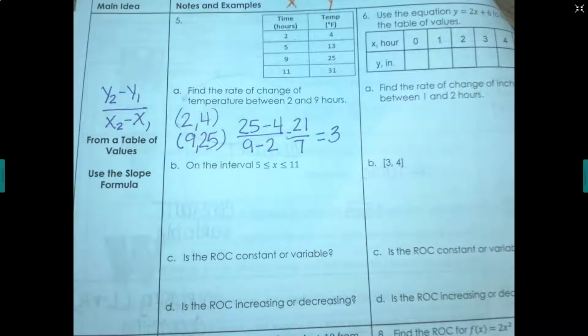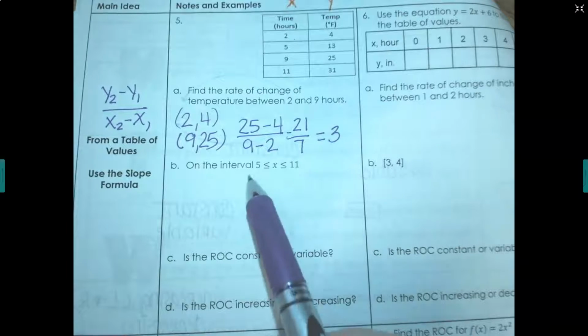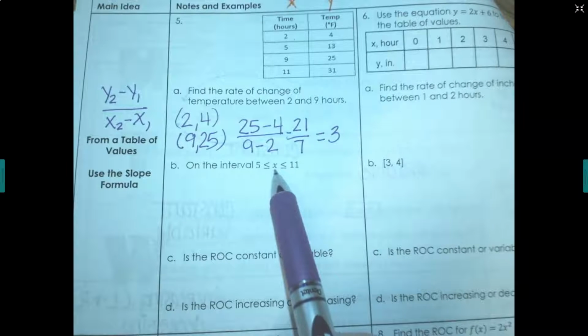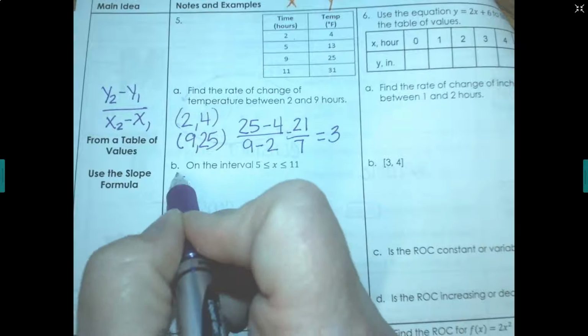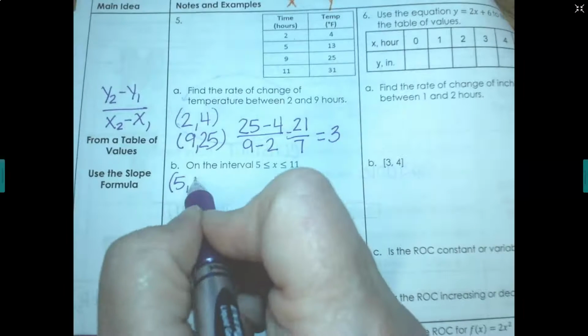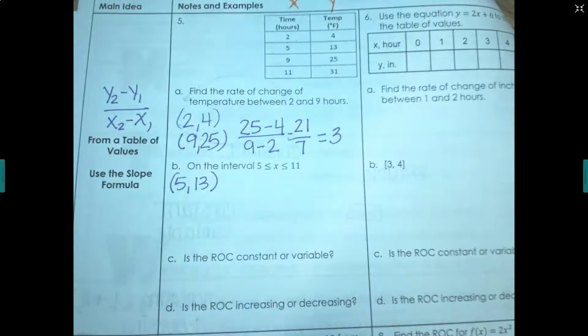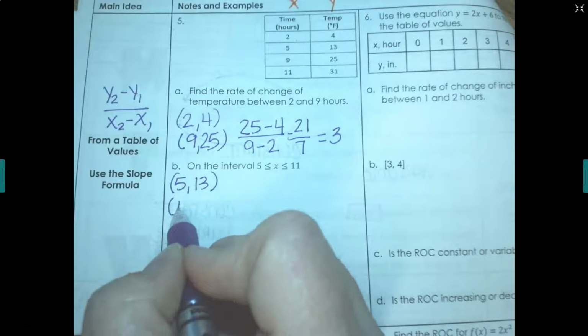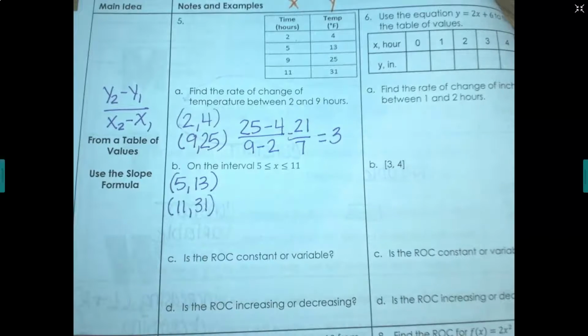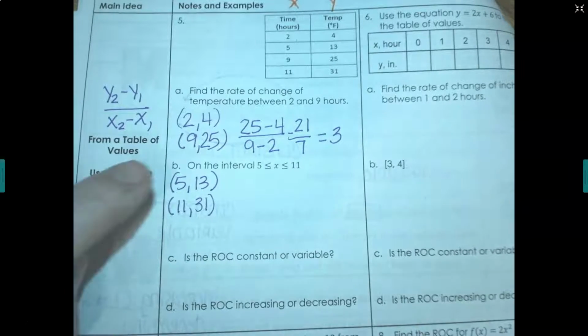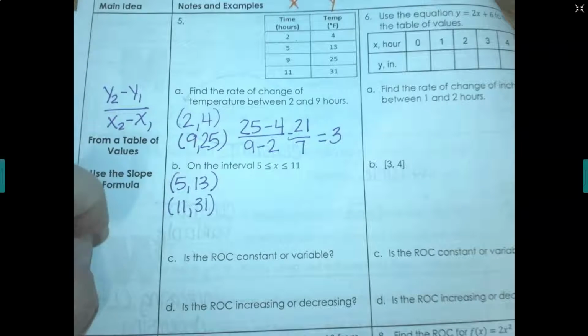All right, let's try this again. I'm asking in a slightly different way. These are still x values. So if my x value is 5, when I look at my table of values, I see that 5 has a y value of 13. And if my x value is 11, I see that my y value is 31. All right, so this time, last time I started in the bottom and subtracted the top. It doesn't matter.